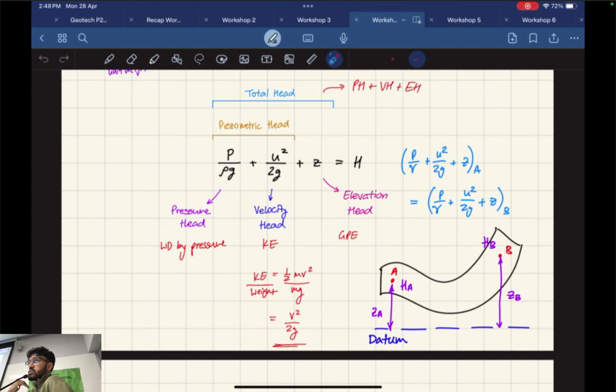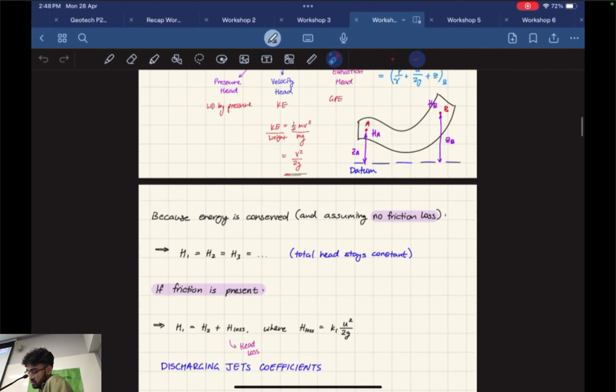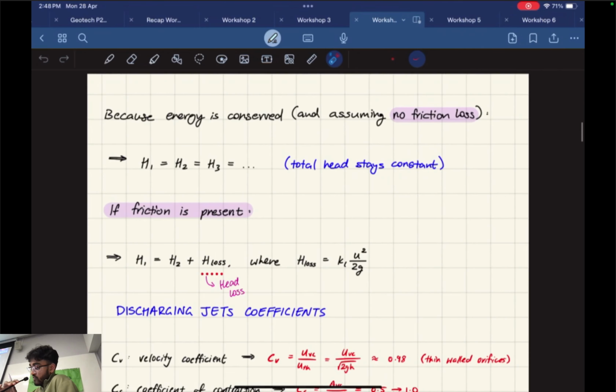These really matter when you're trying to find your total head line and your hydraulic gradient line, when you have to draw them. I'll go through them in a bit when we get to the pipe flow pressure. But if our energy is conserved, or assuming there's no energy loss, the total head at any point throughout the pipe is going to be the same.